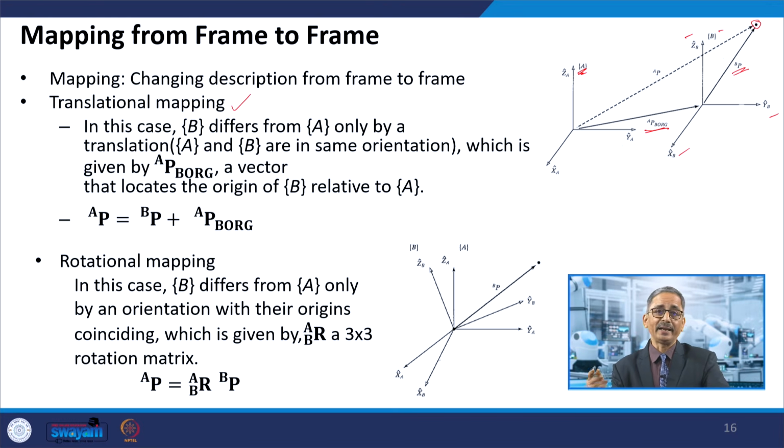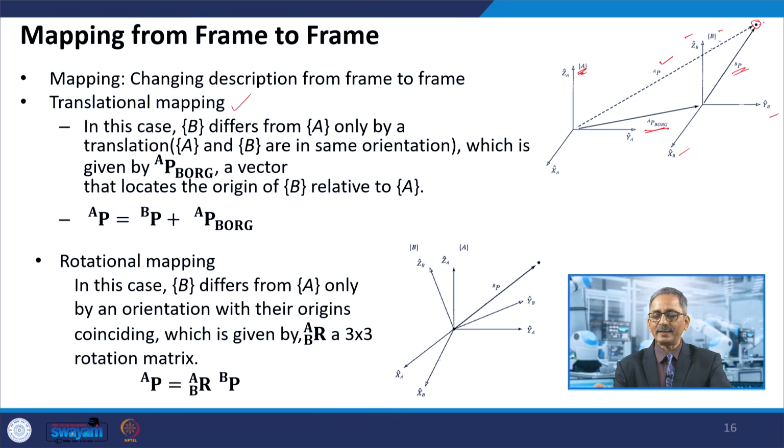And as I said, in mapping we are only going to change the description. Okay. So, if I want to describe this point with respect to frame A, what would my description look like? Okay. So, that is the question. Let us assume that description is P with respect to frame A here.